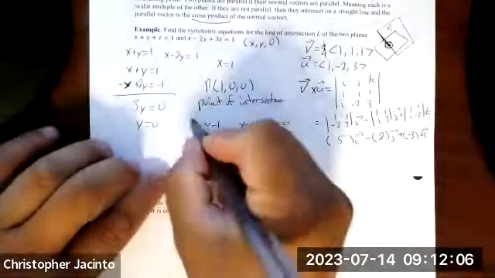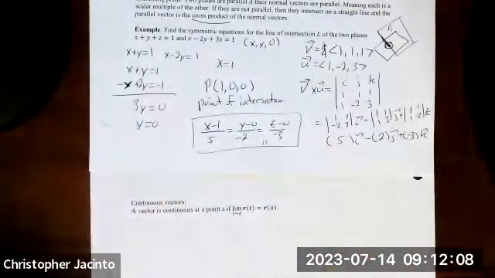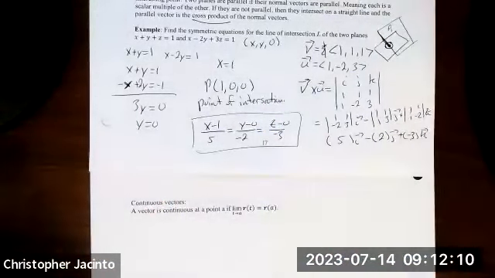And there are our symmetric equations for the intersection line. Any questions there at all?